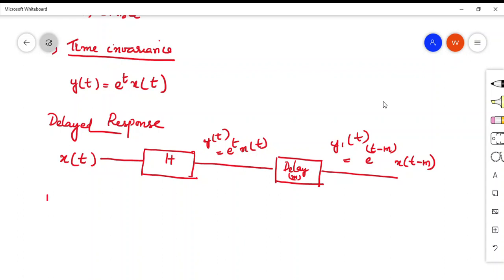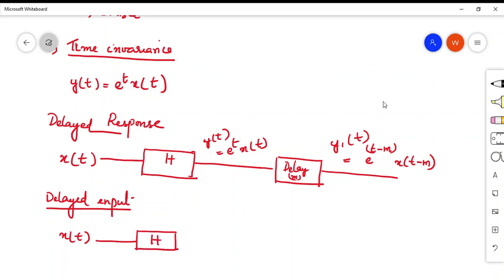Now you have to find the delayed input. When you find the delayed input, first you have to delay your input x of t. This is the delay, so you will get x of t minus m.